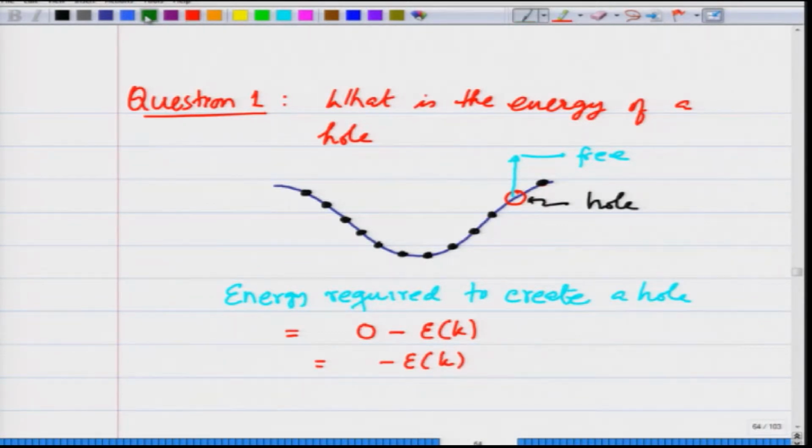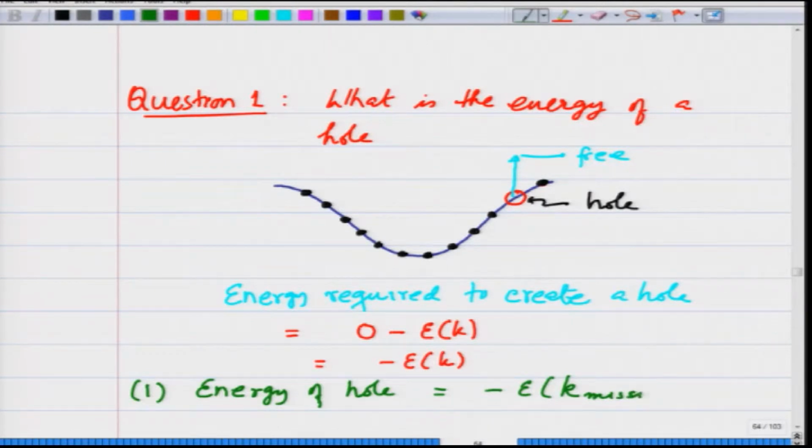So, one can immediately write rule number 1: the energy of a hole, which corresponds to a missing electron, is equal to minus E k missing. By that I mean the k state from where the electron is missing. So, the energy of a hole is minus E k, so it is a positive energy if the electron is bound. I will make a diagram a little later and you will see.